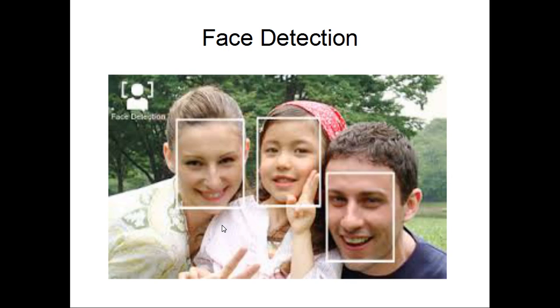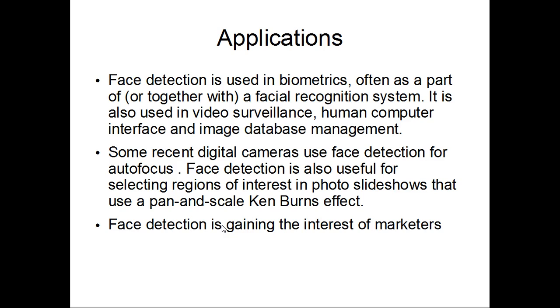This here shows a typical example of a face detection algorithm and its working. There are many applications, as I've already mentioned. It's been used in biometrics, often as a part of facial recognition systems. It's been used in video surveillance, human computer interface, and image database management. Some recent cameras have started using face detection for things like focusing and photo slideshows.